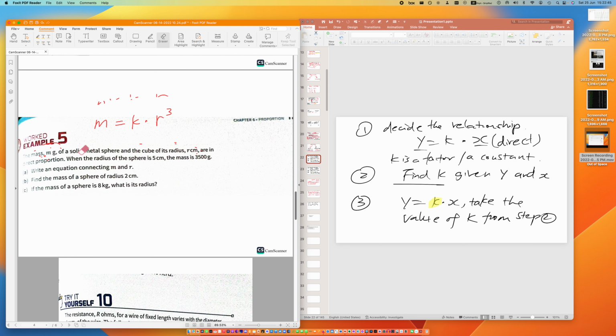So they have a cube here, right? I thought you need to figure out 5 cube first. You need to figure out what is 5 cube first, right? Before you can divide by whatever.